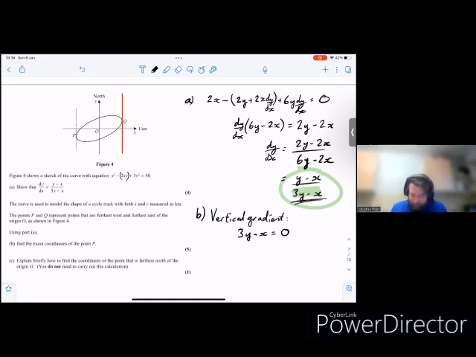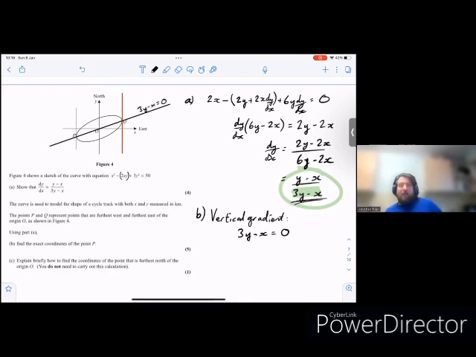So what we've shown there is that those points P and Q, they lie on the line 3y minus x equals 0.